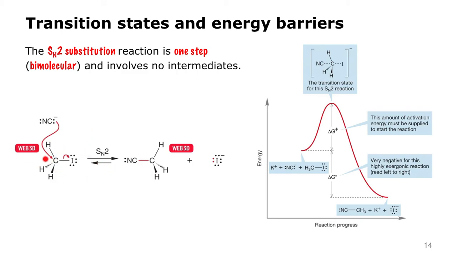It has to come in from what's called the backside of the carbon-iodine bond. And that is an entropic requirement that contributes to this delta G being relatively high. But it is a barrier that can easily be overcome, and by simply mixing cyanide with methyl iodide, you actually get a fairly rapid reaction to form the products.